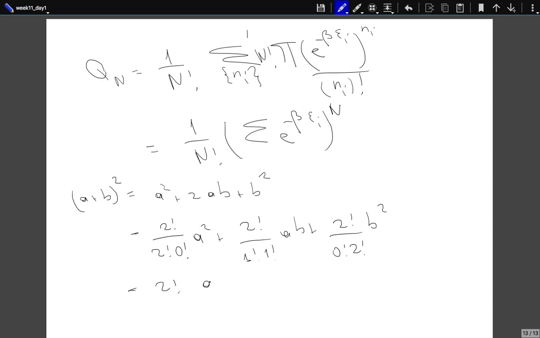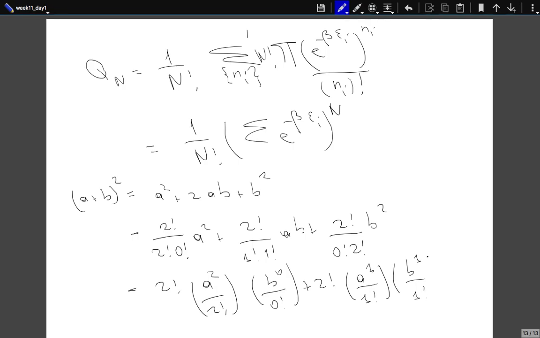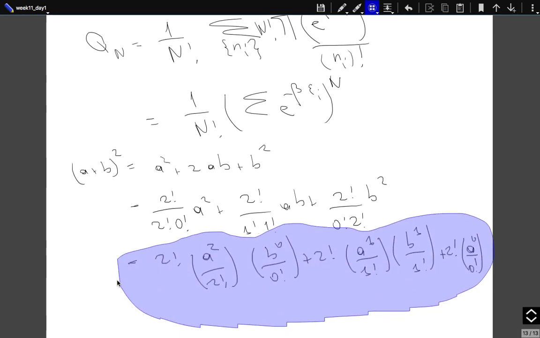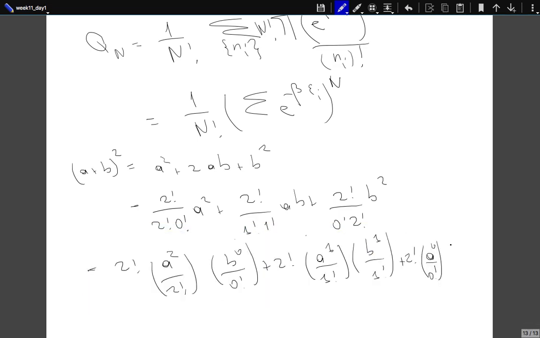This is 2 factorial, a squared over 2 factorial, times b to the 0 over 0 factorial, plus 2 factorial, a to the 1 divided by 1 factorial, b to the 1 divided by 1 factorial, plus 2 factorial, a to the 0 over 0 factorial, times b squared over 2 factorial.